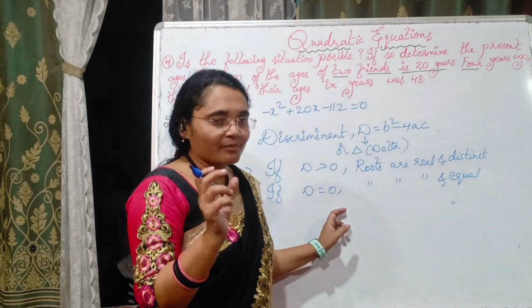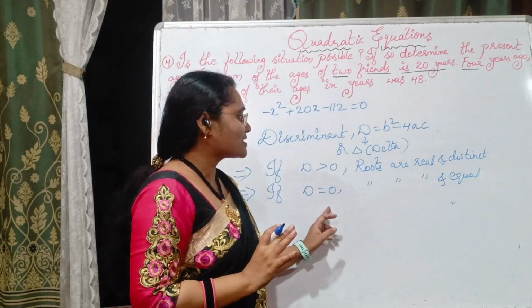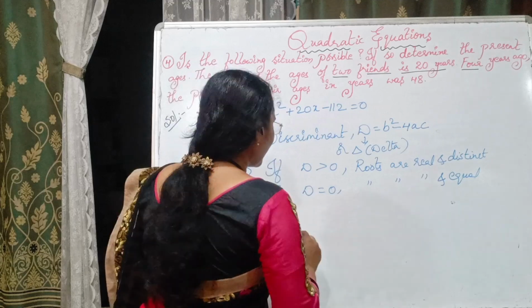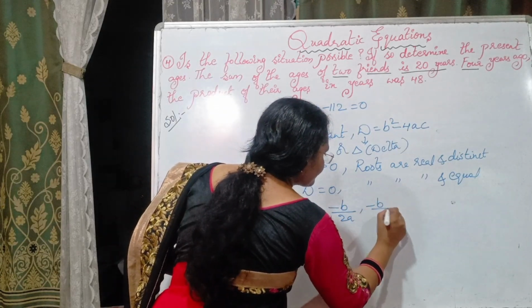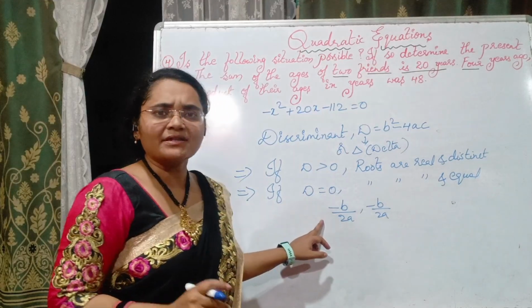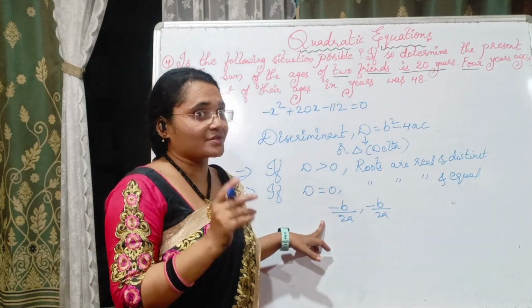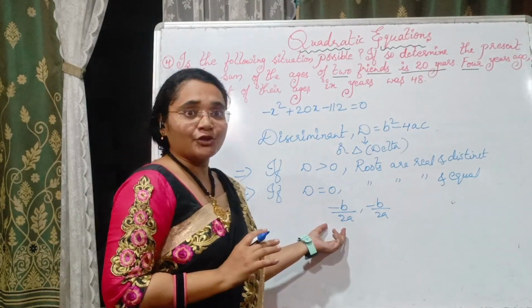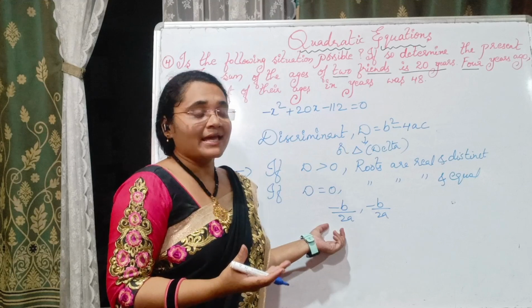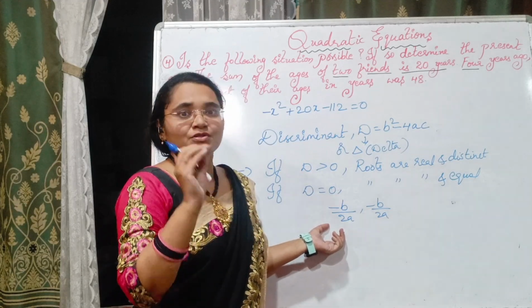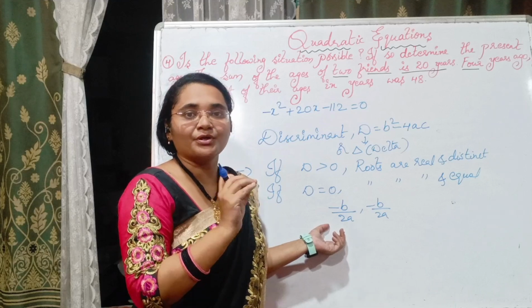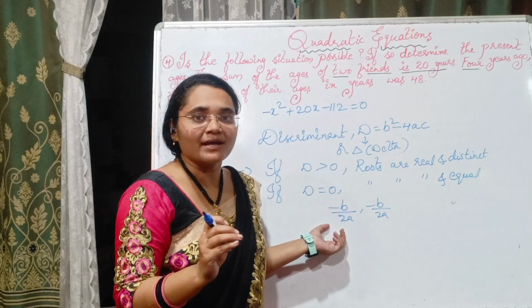There is a shortcut formula to find the roots when they are real and equal. The formula is minus b by 2a, comma, minus b by 2a. Whenever they give an MCQ or short 1 mark question with one quadratic equation and the condition that the roots are equal, asking you to find the roots, there is no need to do any discriminant or quadratic formula.